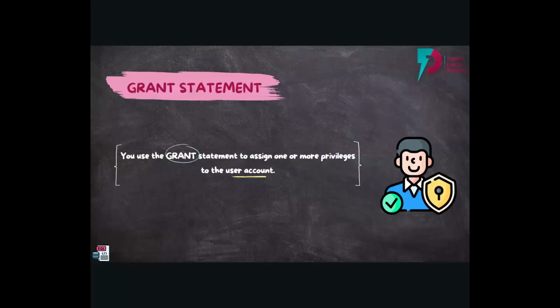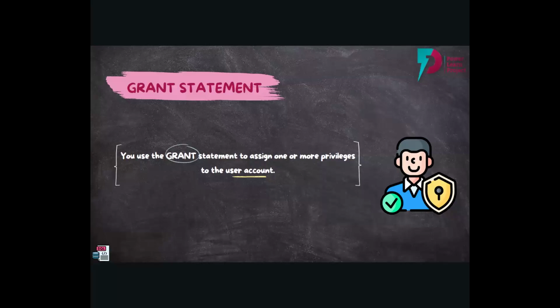So if I create 100 users, and I want to give them roles: this one will be the receptionist, this one will be the admin, this one will be maybe technical support, and then this one will be the front-end engineer, the back-end engineer, the DevOps, the cloud engineer. I can use the grant statement to assign one or more privileges to a user account.